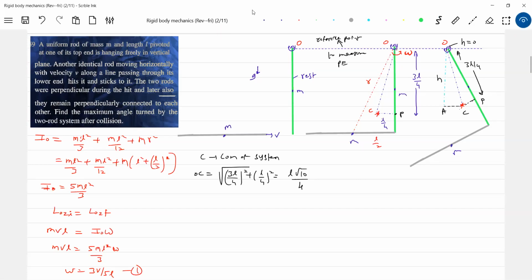Initial rotational kinetic energy plus gravitational potential energy should be equal to final gravitational potential energy, half of I naught omega square.